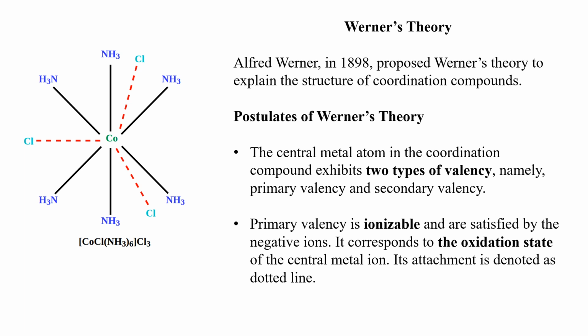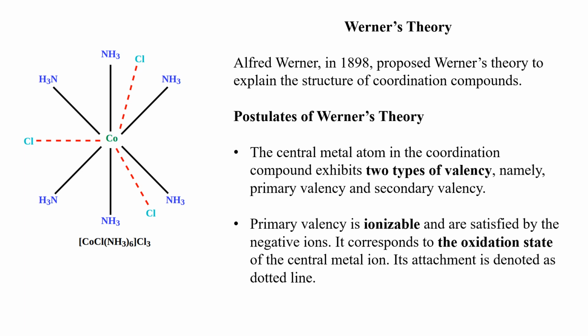If you dissolve a coordination complex in any solvent, especially solvents like water, the primary valency will get ionized. Primary valency denotes the oxidation state of the central metal atom.